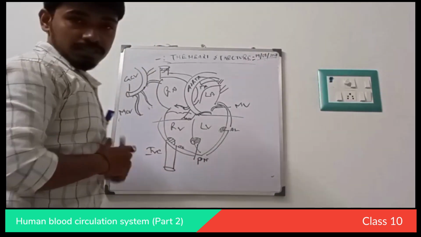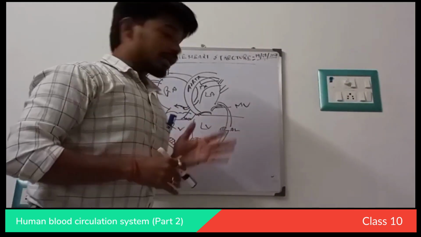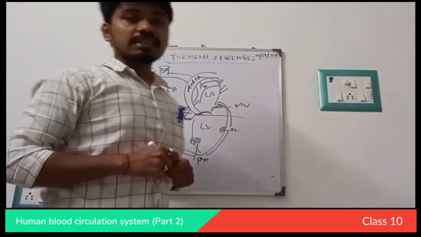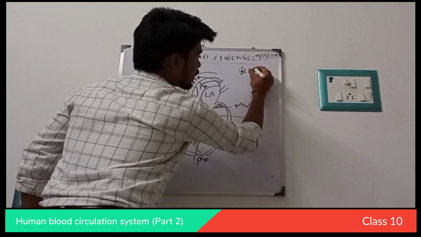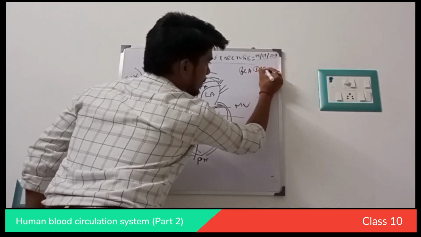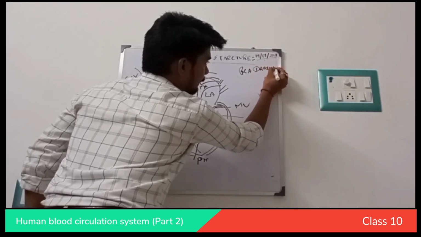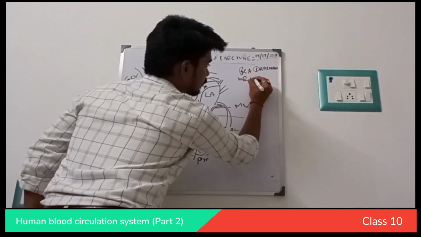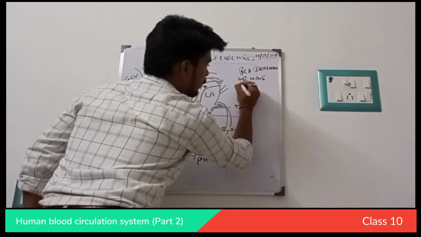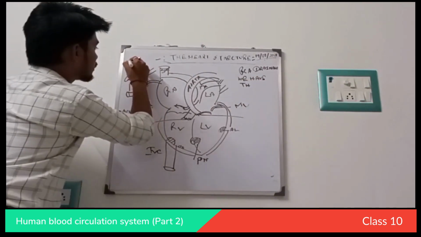That is for left system drainage, meaning left coronary artery drainage, and for right coronary artery drainage we have the Thebesian veins and small numerous veins. For RCA, right coronary artery drainage, that is the coronary sinus.